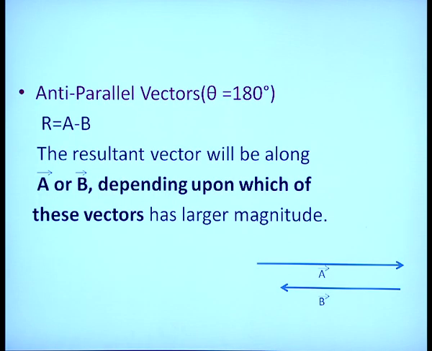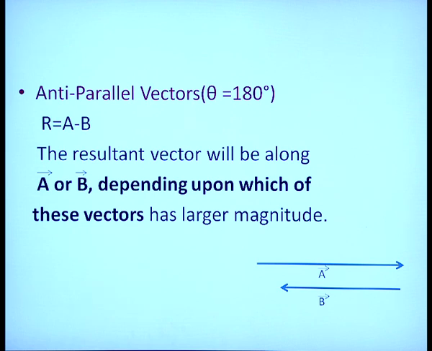Now, in the case of antiparallel vectors, which means the angle between them is 180 degree, that means theta equals 180 degree. You can see on your screen that vector A and vector B are antiparallel vectors, they are opposite in direction, and the angle between them is 180 degree.